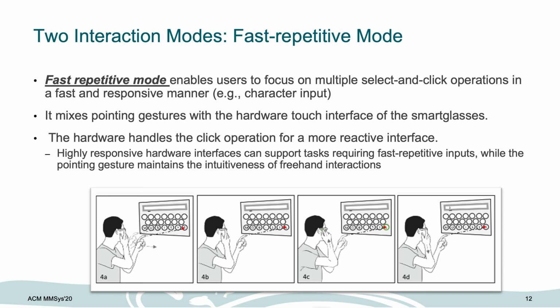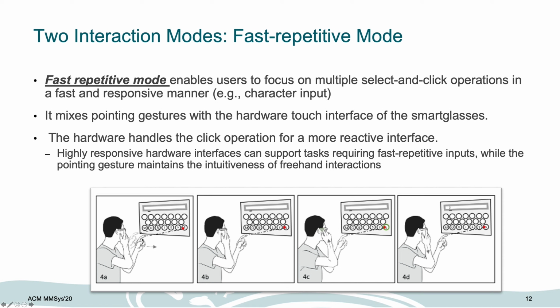And the next mode is the fast repetitive mode, which enables the user to focus on multiple select and click operations in a focused task, like character input. It makes the pointing gesture combined with the hardware touch interface on the body of the smart glasses.